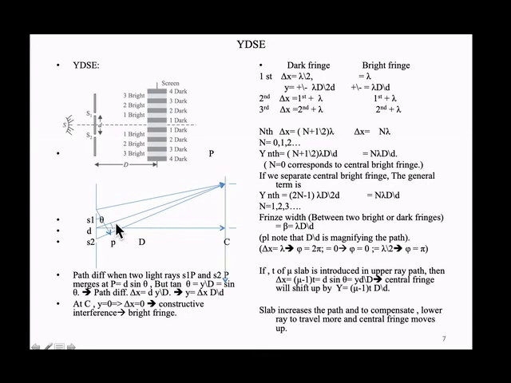So this theta is so small that tan theta can be written as sine theta. So sine theta is y divided by D. So d sine theta is equal to d y divided by D, which is the path difference. So delta x, the path difference d sine theta, is d y by D.